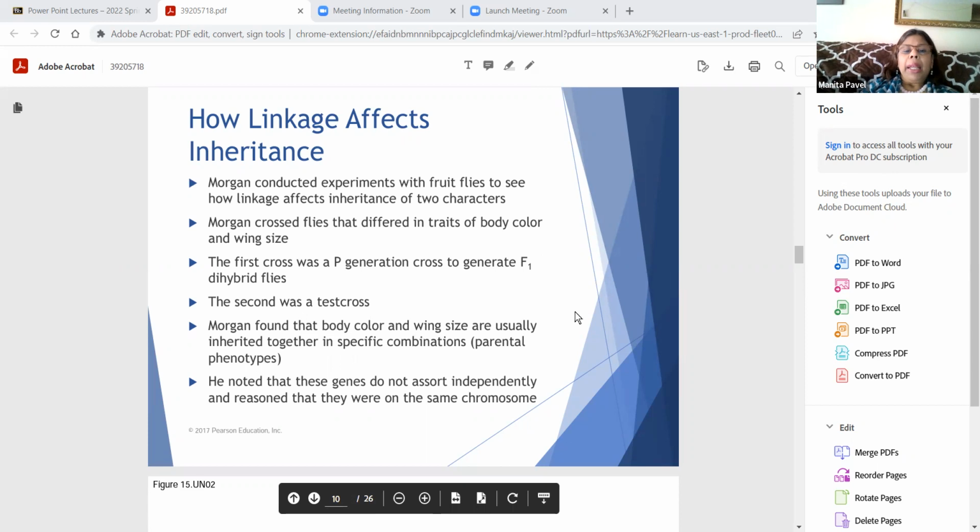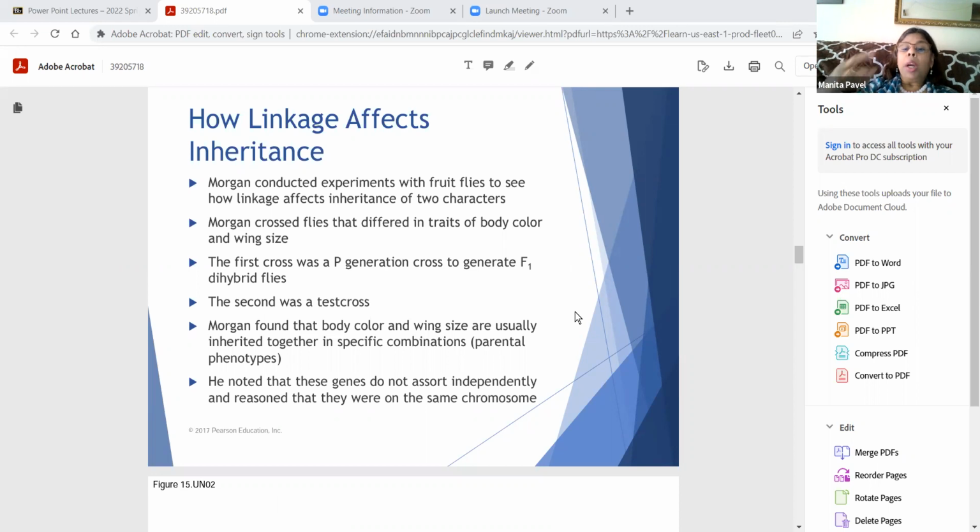So he found that body color and wing size are actually inherited together in specific combinations, and those genes that do not assort independently were on the same chromosomes. As I mentioned earlier, this is the chromosome and these are all genes together. So genes that are close together on the chromosome are inherited together.